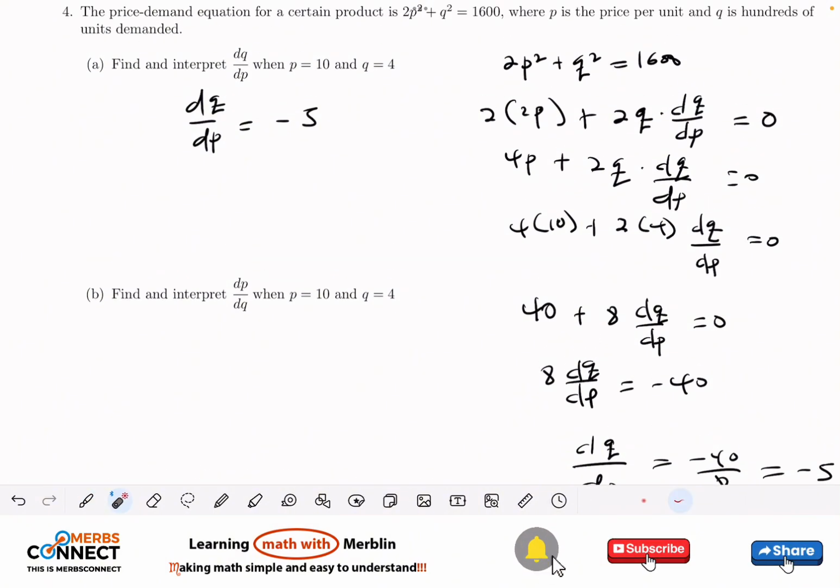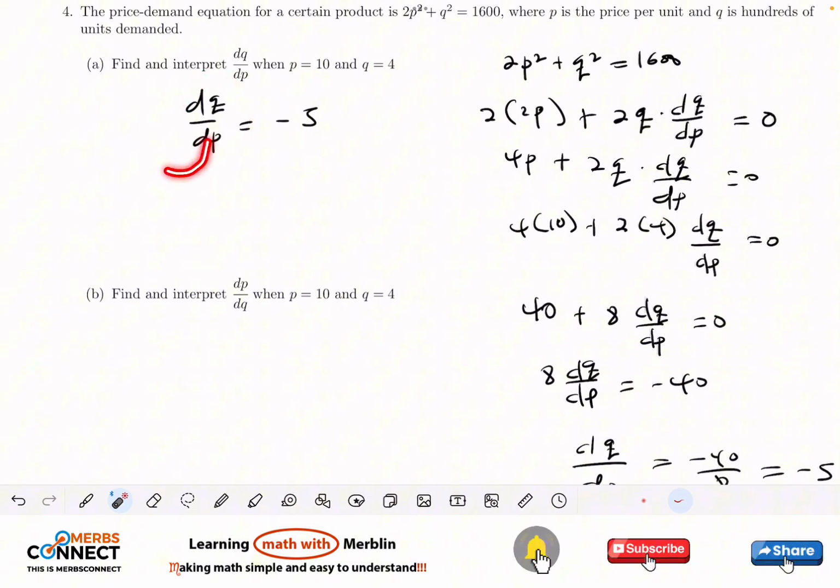Now we want to go through the same process again, but here. So this one was dq over dp, and this is what is called dp over dq. So in other words, if I want to play smart here, then I will just interchange this.